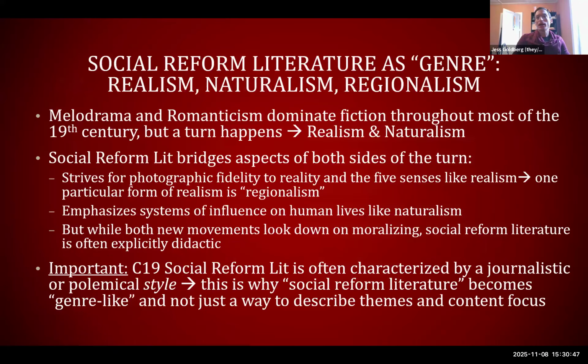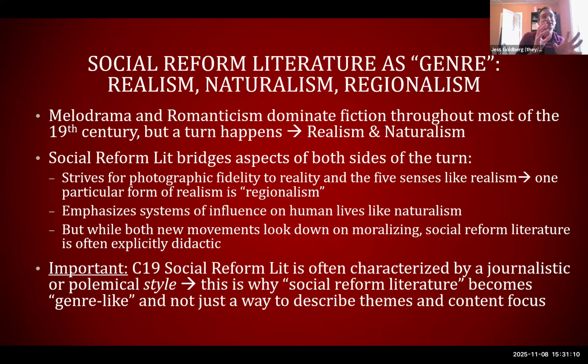In the way that social reform literature kind of consolidates these three major isms, these three major movements in aesthetics in the 19th century: realism, naturalism, and regionalism. These are three key terms that, if you take American literature two with me, get more solidly defined.